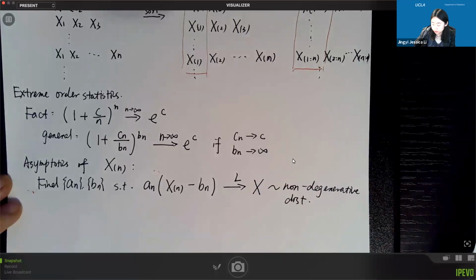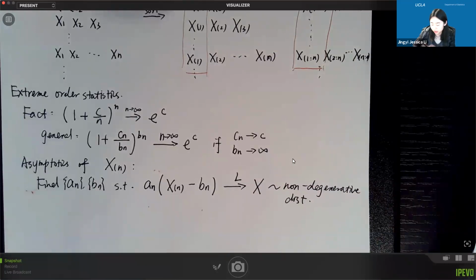That's the goal. Here bn could be a constant, since a constant is a special case of bn. And an, we know, needs to diverge with n. Those are some rough ideas we have here.